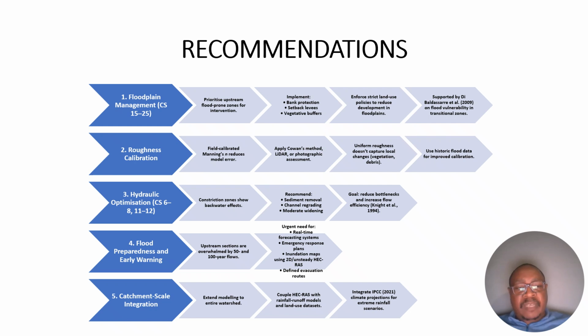Then in terms of flood preparedness and early warnings, the upstream sections are overwhelmed by 50 and 100-year floods. Then in terms of catchment-scale integration, extend the model to the entire watershed, and then couple HEC-RAS with rainfall-runoff models and land use datasets. And then also integrate the IPCC climate projections for extreme rainfall and scenarios.